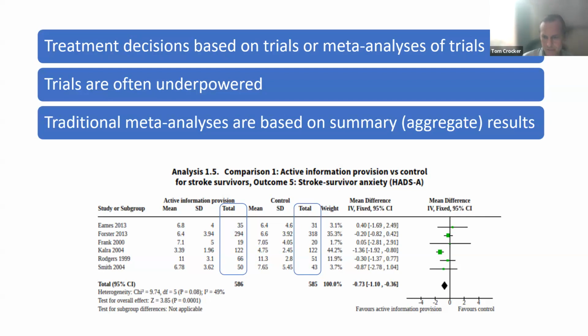But the results that are included are based on the results for the whole study population on average. What was the average effect in people who were treated one way versus the other? These aggregate data meta-analyses are usually based on the published results, and we usually only have information about the population as a whole.